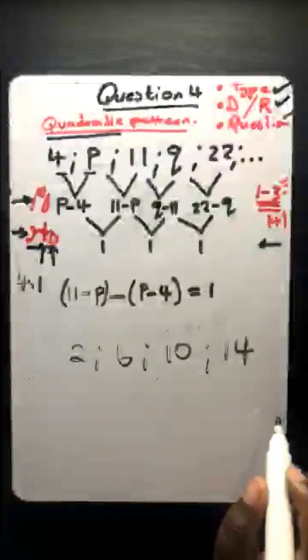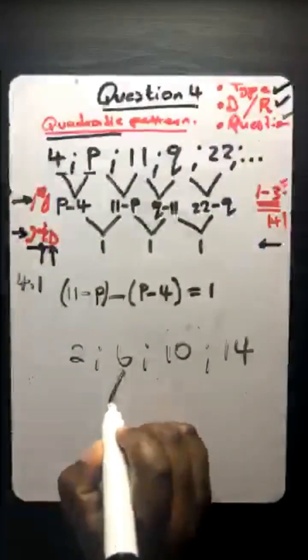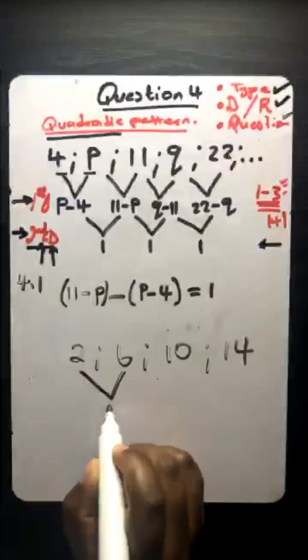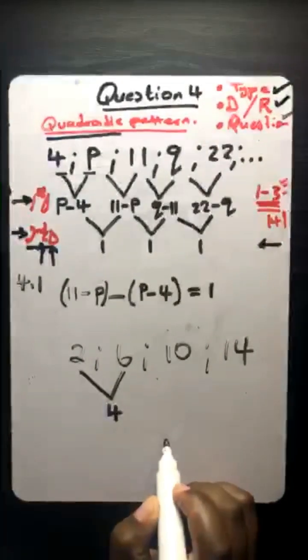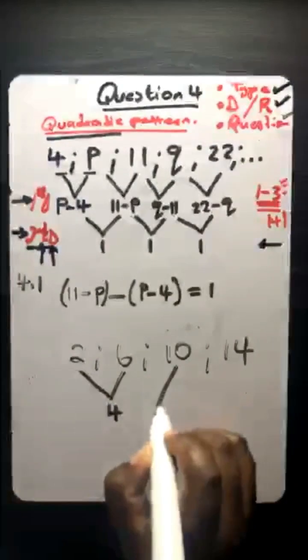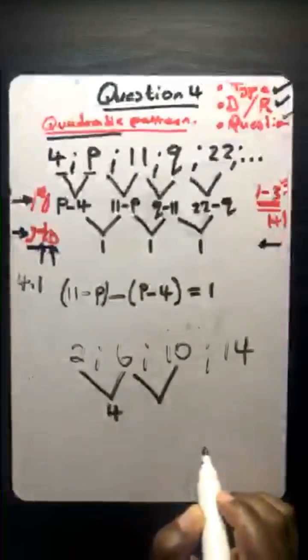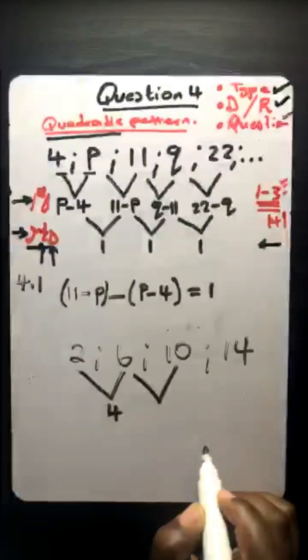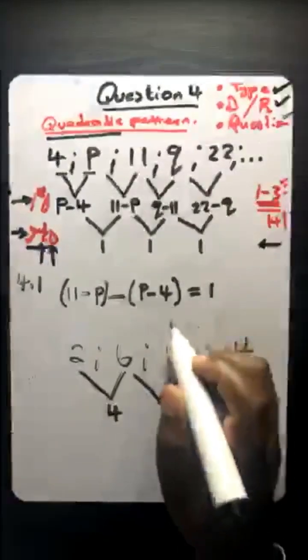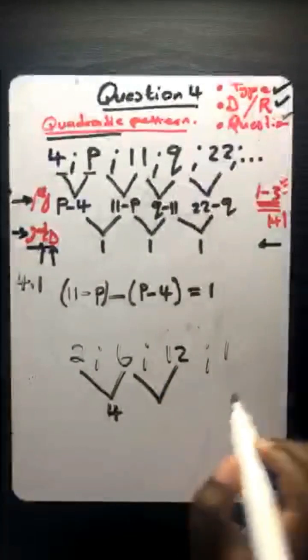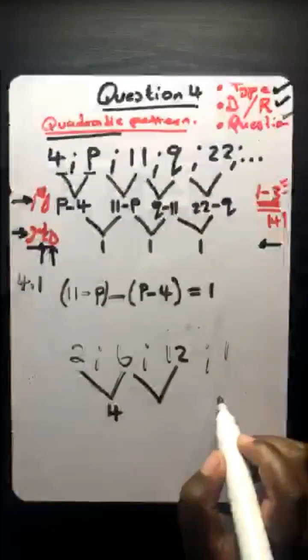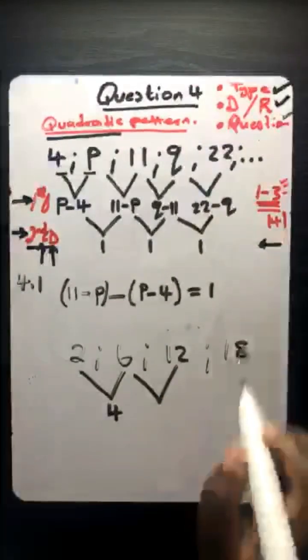Remember, when you say this minus that, it gives you that number. What is that number there? I think it's 4. When you say this minus that, it gives you 4.